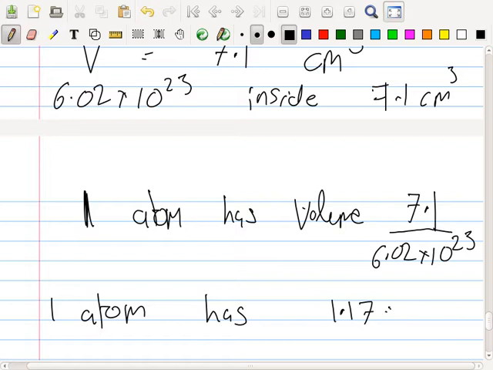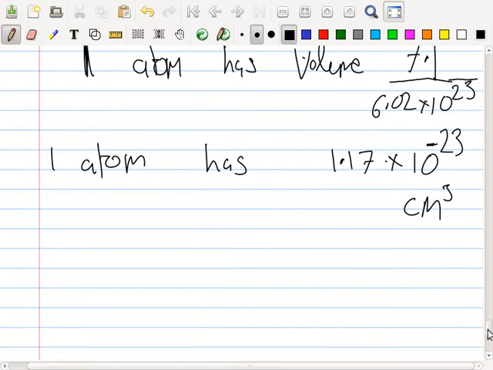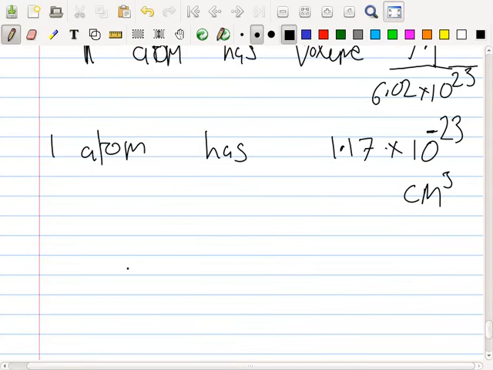1.17 is fine, times 10 to the, it should be minus, right, guys? It is minus 23 centimeter cubed. Now, what shape is an atom? A sphere, like this.